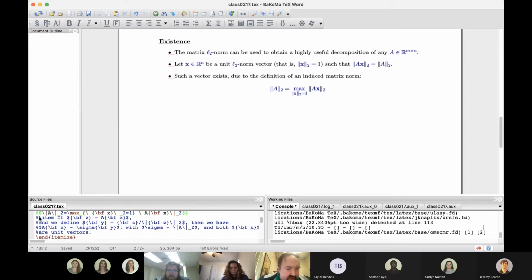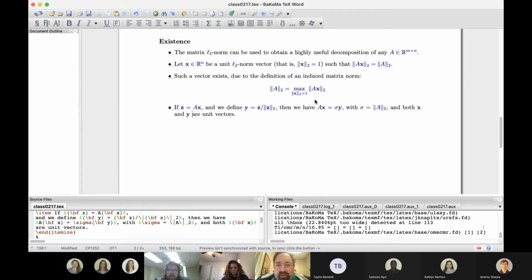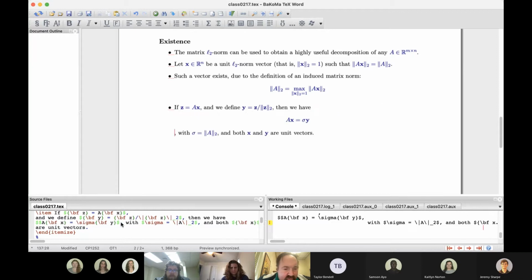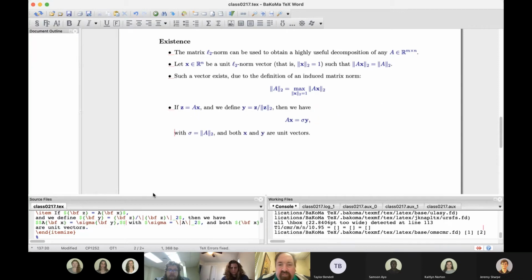All right. So now what I'm going to do, I'm going to define a vector z to be A times x, and then normalize it to get a unit vector y. So then I have this: A times x, which is z, is equal to sigma times y, where sigma is the 2 norm.